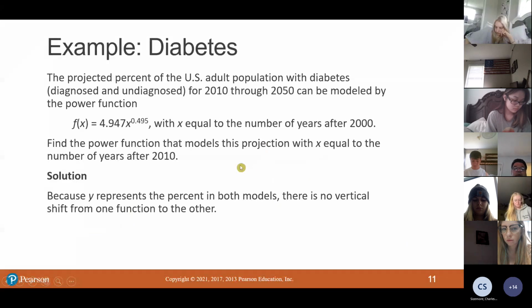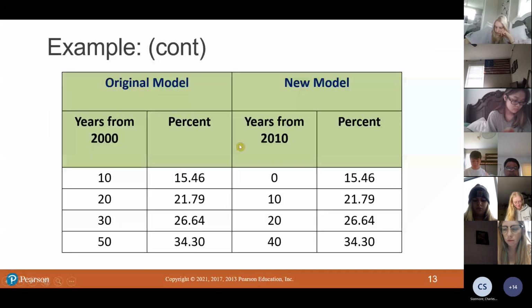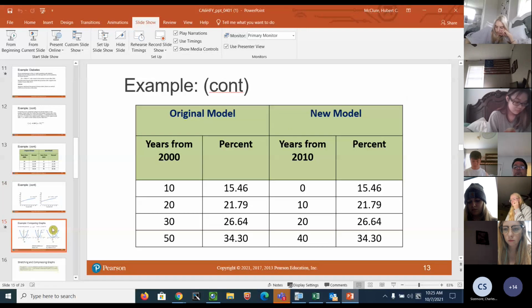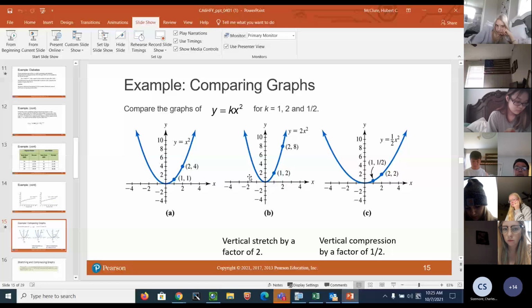Let's see what else they got. This is orientation, talking about skinny, wide. Here's 1/2, it's going to be wider than the 2, which is going to be compressed.